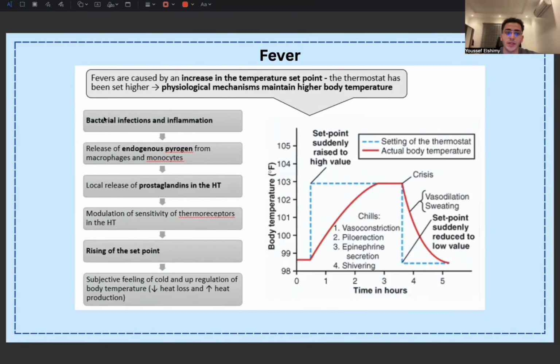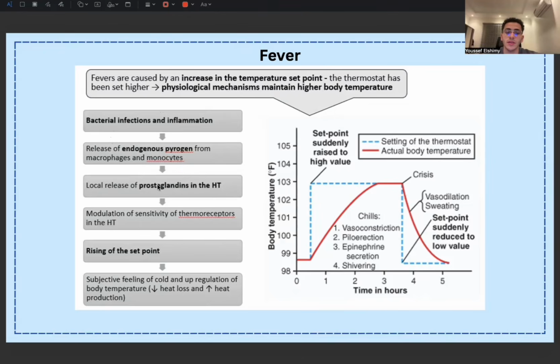How does it happen? We mentioned that bacterial infection and inflammation would lead to the release of endogenous pyrogen cytokines and signals from the macrophages and monocytes, and this would get through the hypothalamic endothelium, and there would be release of prostaglandins in the hypothalamus.